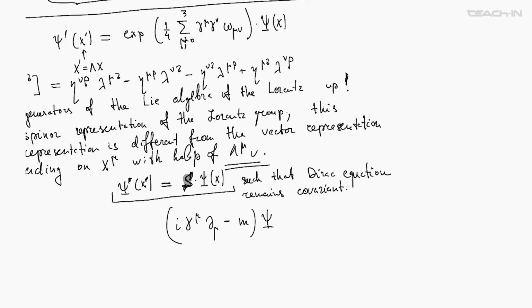And the point is that if you perform on our spinor psi this transformation with matrix S, then in the new frame the equation will look the same, provided we just put primes on x's and the function psi.